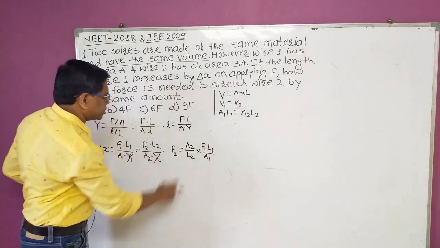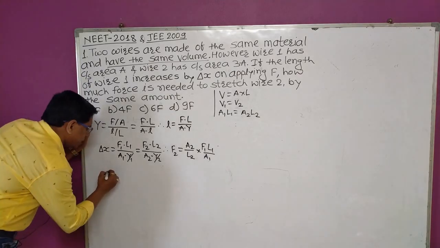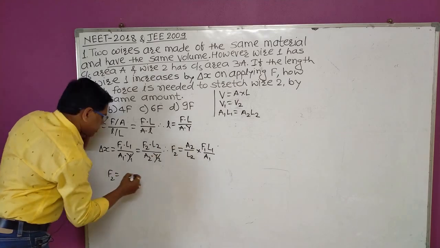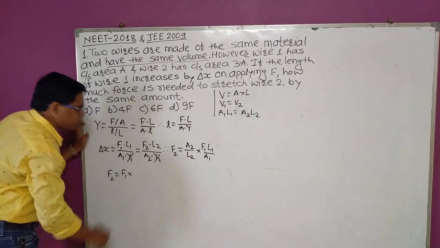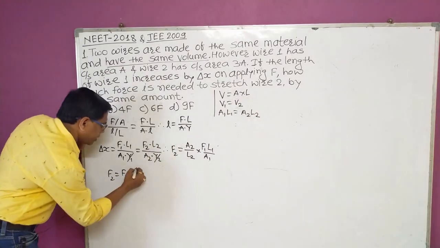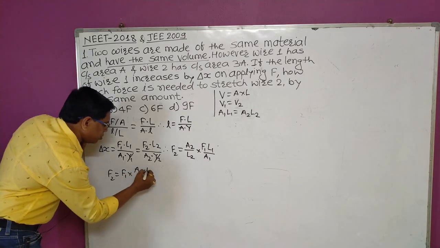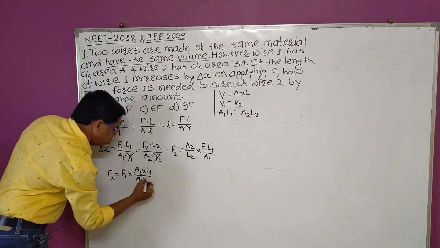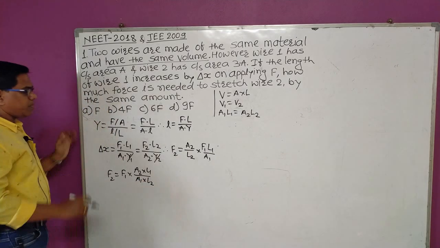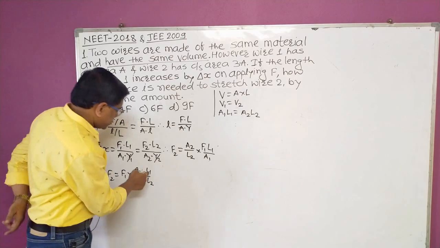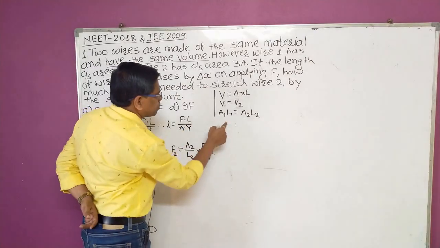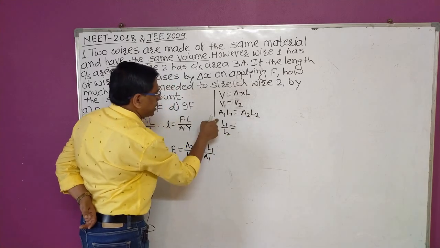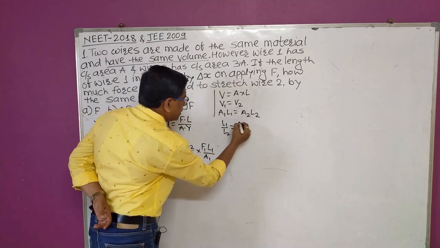So we'll just rearrange for simplicity. F2 is equal to F1 into A2 into L1 divided by A1 into L2. So we will replace this L1 by L2 from this formula. So here we will get L1 by L2. This L2 multiplied goes to the other side and divides, this A1 goes and multiplies.